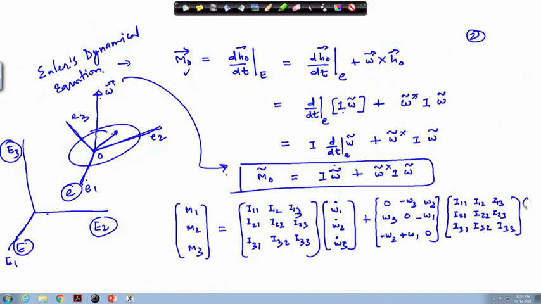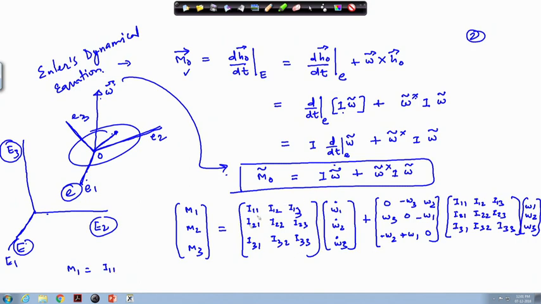Times omega tilde, which is omega 1, omega 2, omega 3, and then you can expand it. So, if you expand it, the first term will appear as I 1 1.